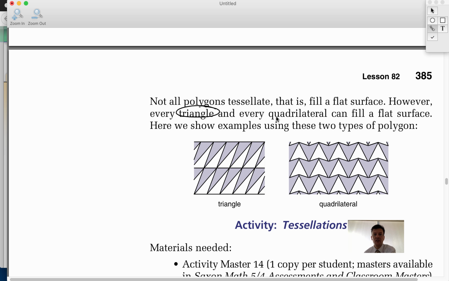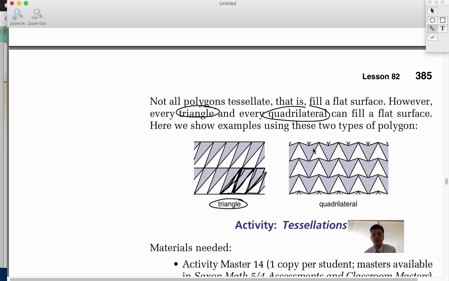So it says here every triangle and every quadrilateral can fill a flat surface, even if the triangle is a little bit different. You see here, here's a triangle. It's not a regular triangle. It's not equilateral or equal angular. They've just adjusted it a little bit. But still, you can take this triangle and fit it with another one that's a little bit upside down, and then the third one, and then the fourth one, and you just keep fitting them together until you fill up the entire space.